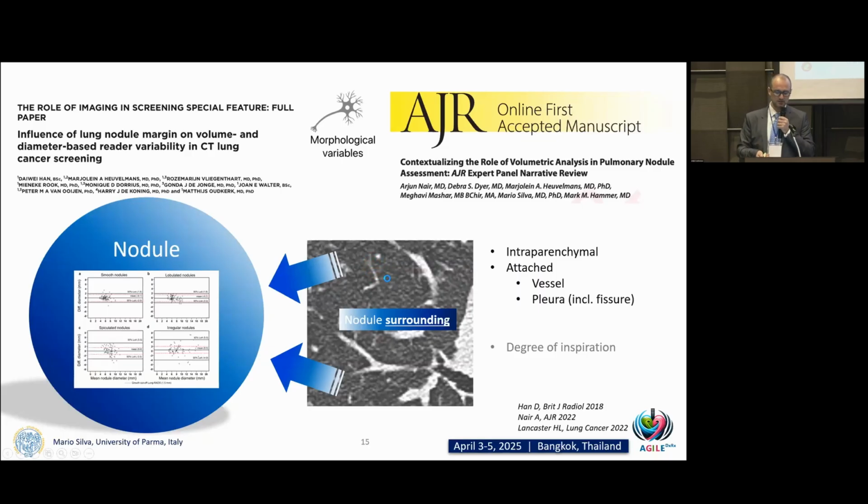They're quite subtle. And of course, there are major factors such as attachment to vessel and pleural, including fissure attachment. And then we also get to the degree of inspiration, which is a relatively important variable.